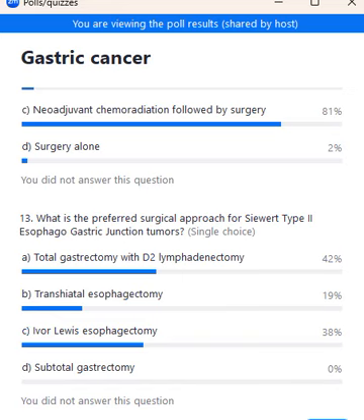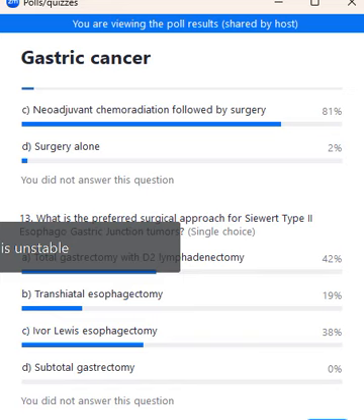Here the correct answer is option C, Ivor-Lewis esophagectomy, because for type 2 tumors, Ivor-Lewis esophagectomy, that means a thoracoabdominal approach, provides optimal access for achieving a negative margin and also for removing the lymph nodes, that means for the lymphadenectomy. So the correct answer is C, Ivor-Lewis esophagectomy. Only 38% of students gave the correct answer.